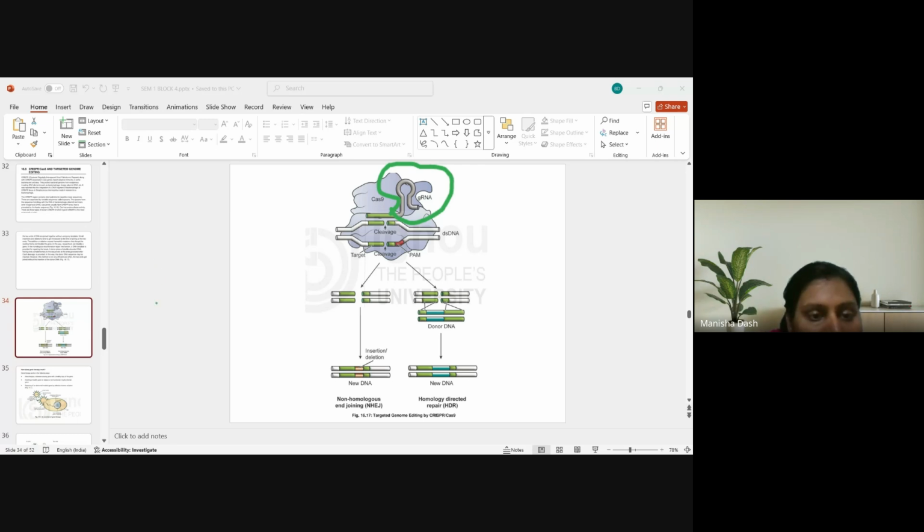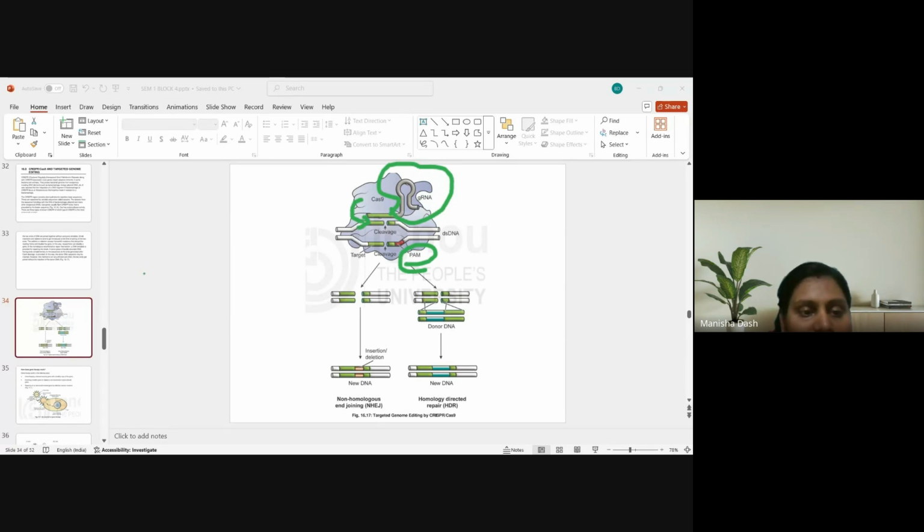There is another sequence called PAM. The Cas9 will be guided by the guide RNA and brought to the site where you need to carry out the gene replacement or insert a gene of your interest.